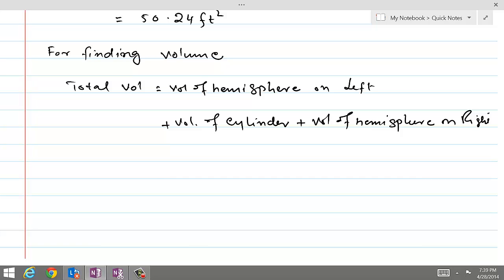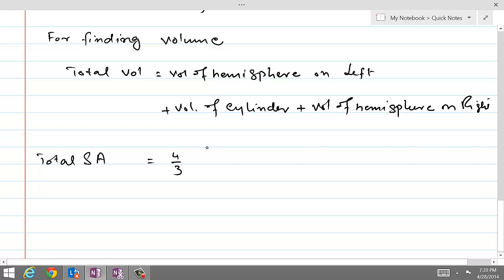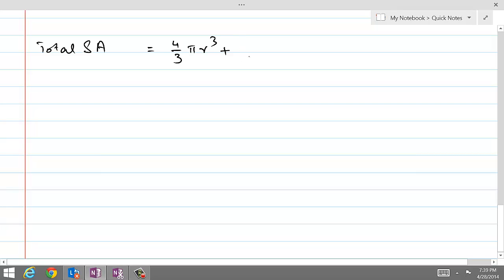So we can write total volume equal to 4 by 3 pi r cubed, the volume of a sphere, plus the volume of the cylinder, which would be pi r squared times length, which is 6.